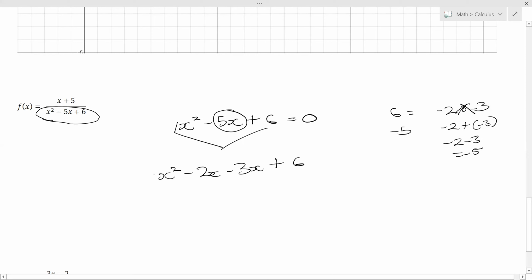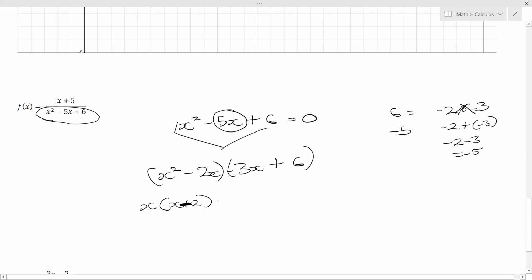We can now factorize each of them. So I say x is common here, x minus 2, sorry, my bad, x minus 2.